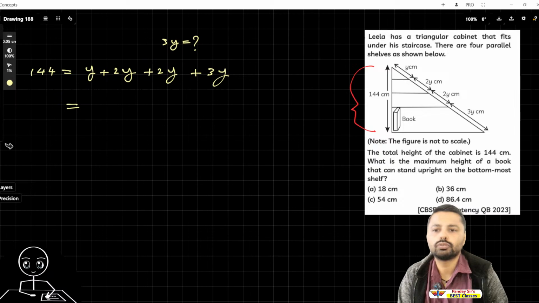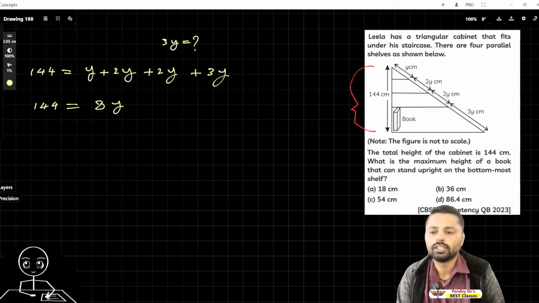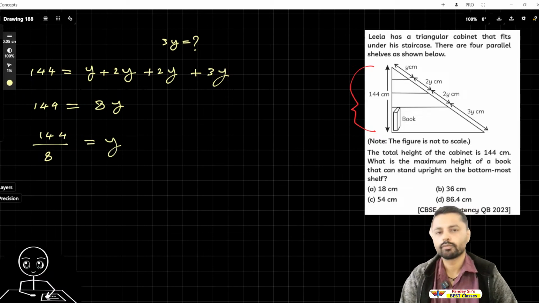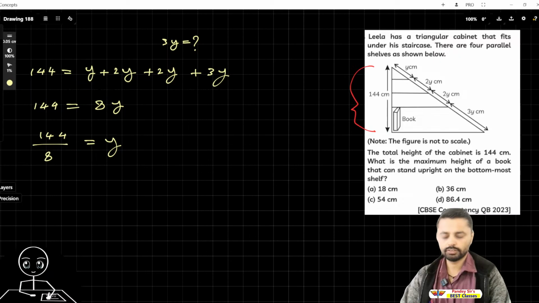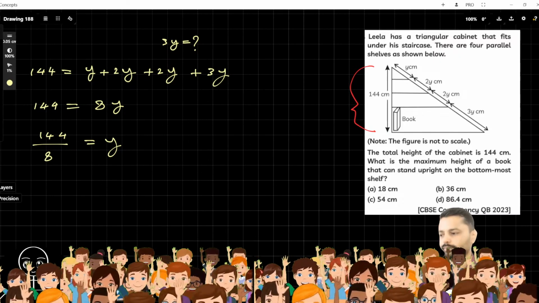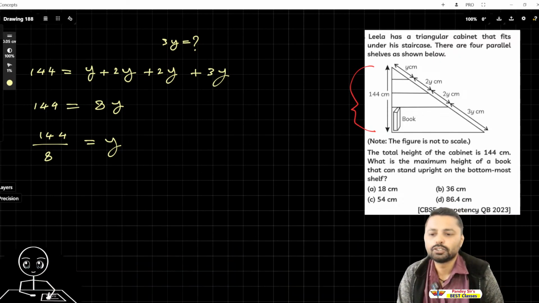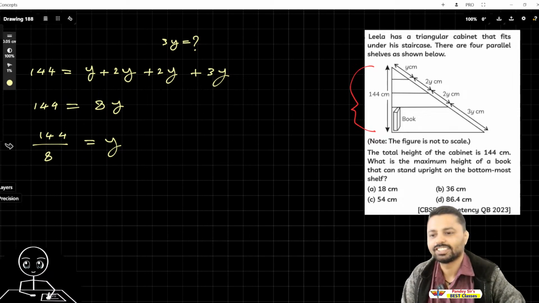That's 2 plus 2 is 4, 5, 5 plus 3, 8. 8y equal to 144. Okay, now 144 by 8 you have to do, and you'll get the answer. So try by yourself once. Okay, so you have to do this division.